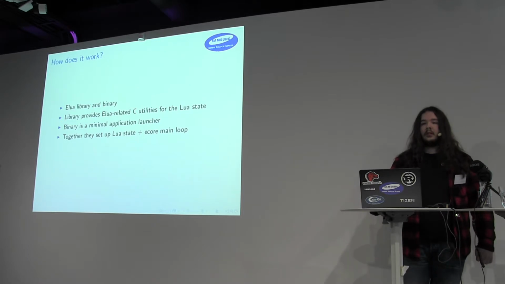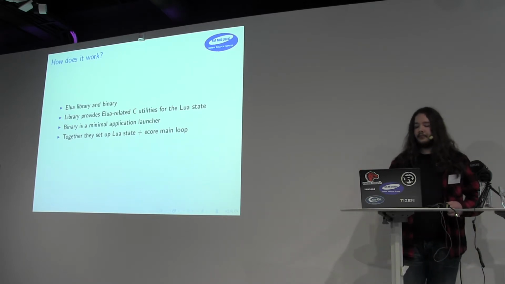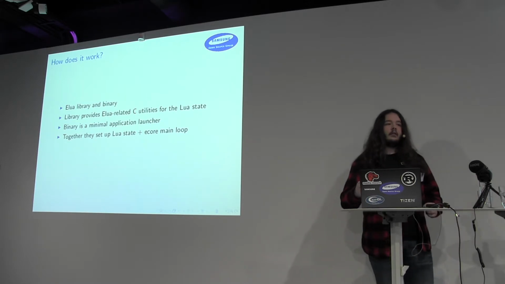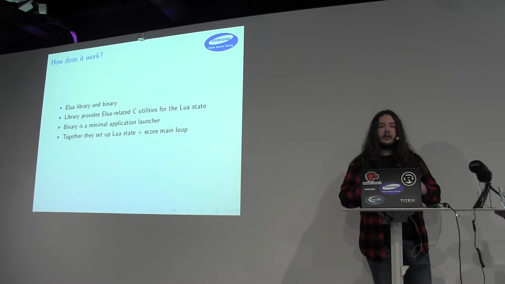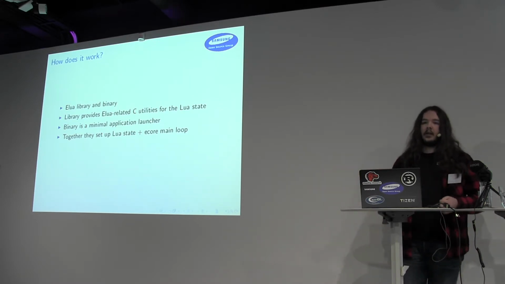Together they set up the state plus main loop from eCore, which, depending on the application type, will either start or not. Depending on if you just have an application which is like one-off run, which ends right after you execute it, or if it's an application which actually continuously runs, such as pretty much all GUI applications.